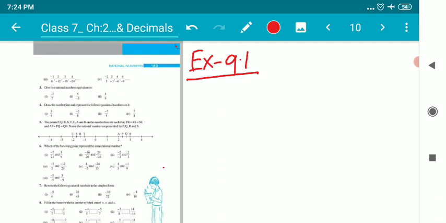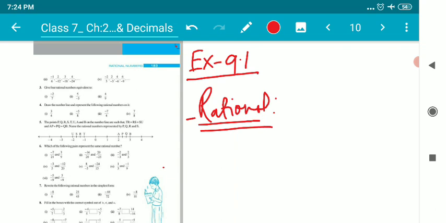So children, the very first thing that I want you to know: what is a rational number? This is one of the most asked questions by the students, and they have confusions. They cannot understand the basic difference between rational numbers and fractional numbers.